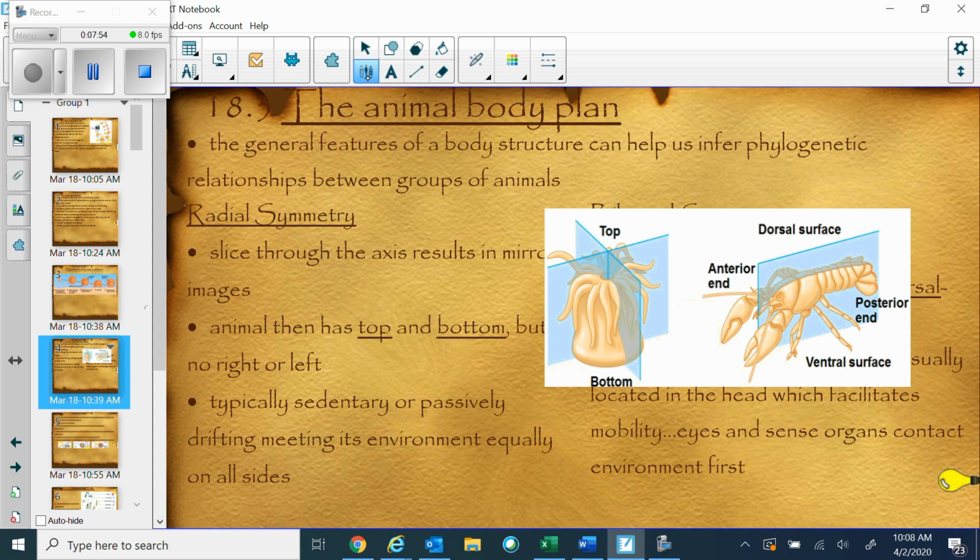This is radial symmetry, where it travels in a radius. So what you end up with is the ability to cut in any direction and create equal portions. But it does not have symmetry top to bottom. So top to bottom, it is asymmetrical. It's radially symmetrical. So moving around its radius, it is symmetrical.